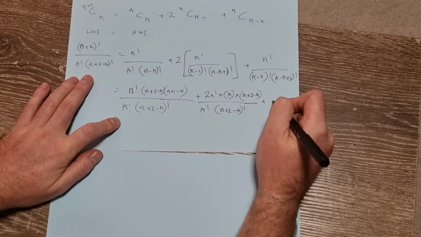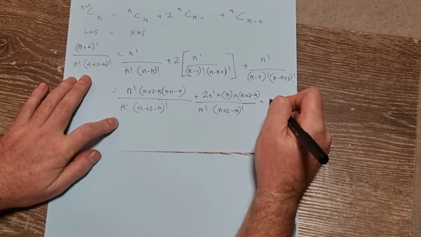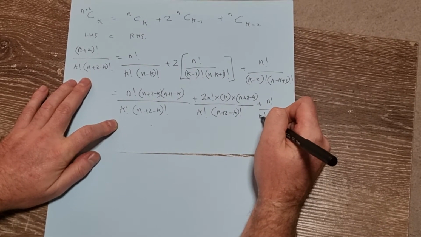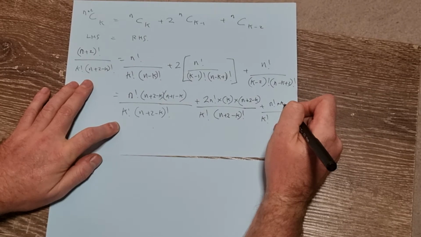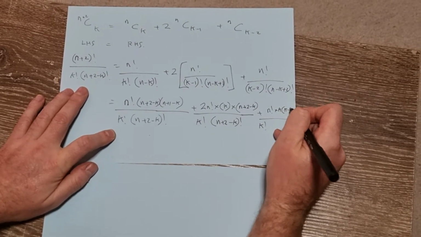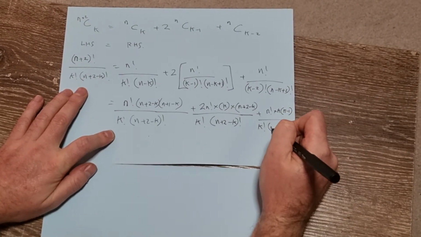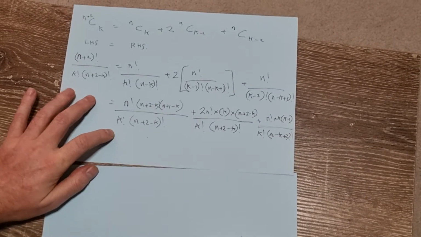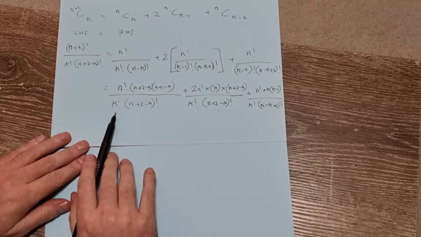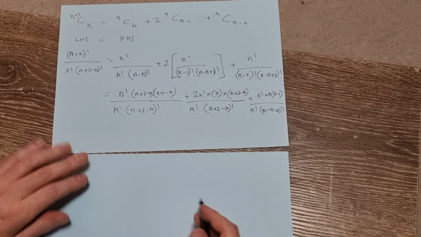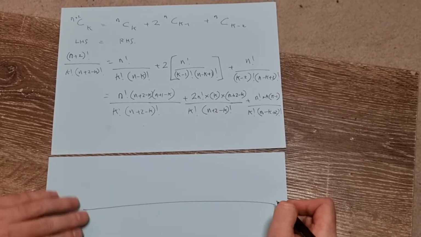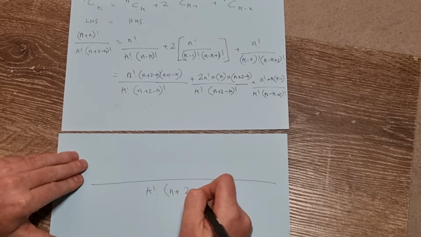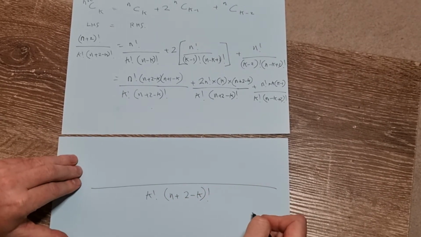And then finally, probably the easiest one at the end, we've got n factorial, k factorial, so we need to get rid of a k and a k minus 1, and we've already got (n minus k plus 2) factorial. Now you can see the numerator is identical in each, so we can write this all over k factorial (n plus 2 minus k) factorial.